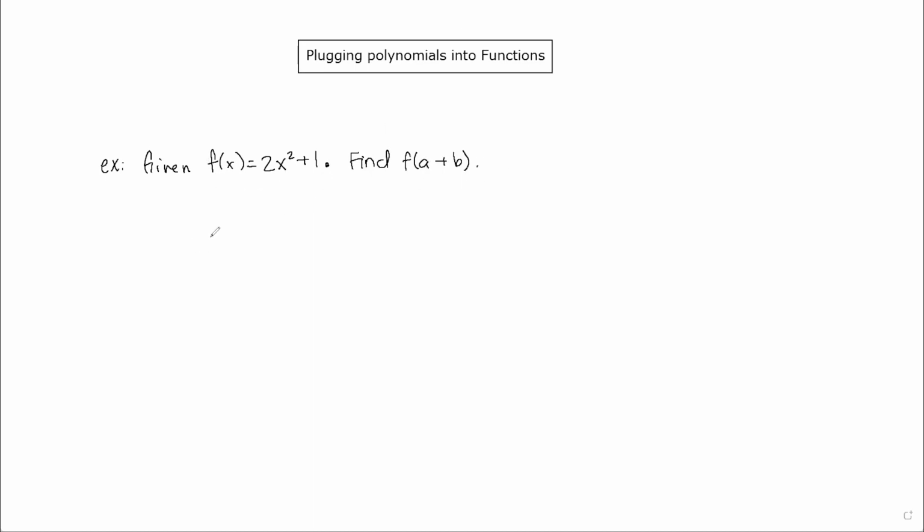So we're going to go about this by color coding. So f of a plus b, let's make a plus b red so we can kind of keep track of wherever it needs to go.